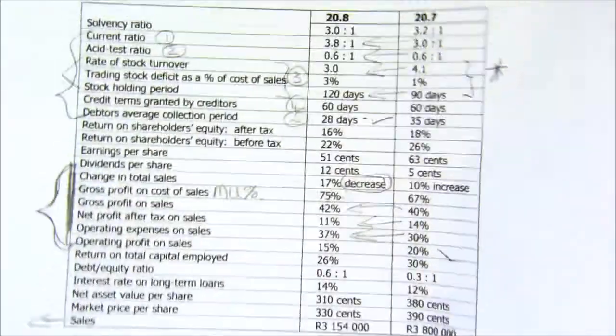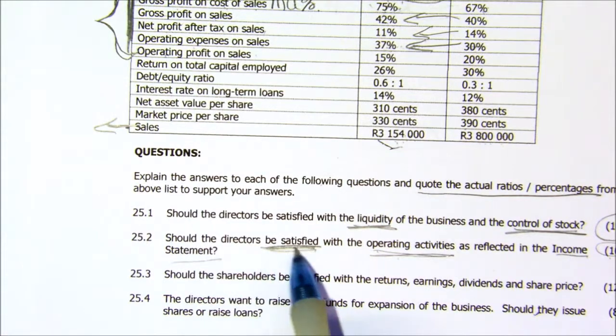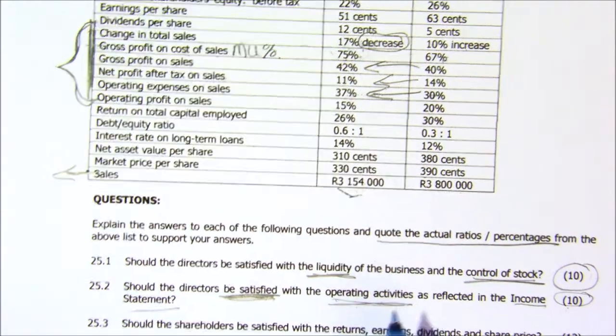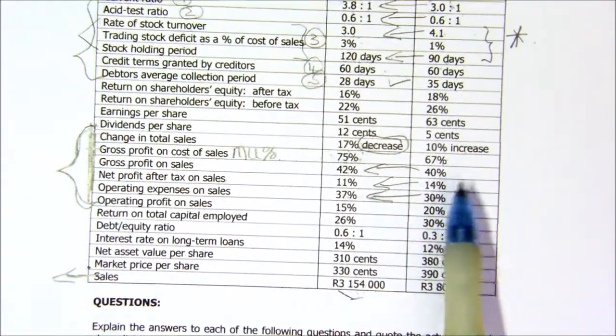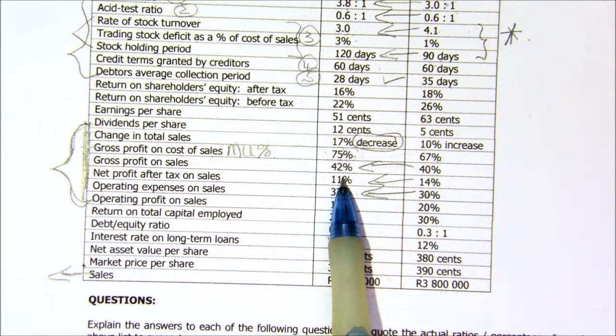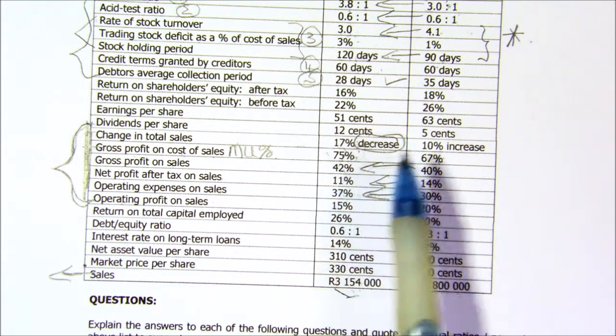So in answer to our question, should the directors be satisfied? Now you need to say yes or no. I would say no, I don't think they should be happy, because the net profit has decreased from 14 to 11%. Why is that?